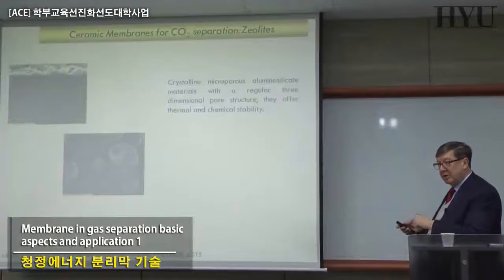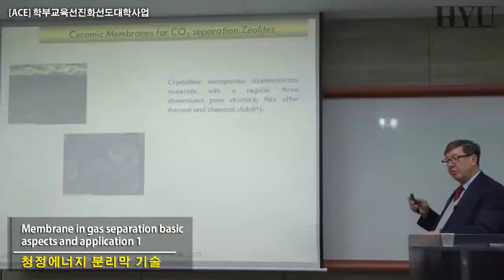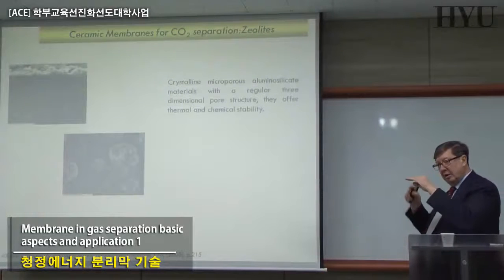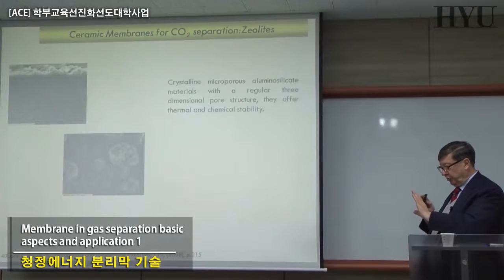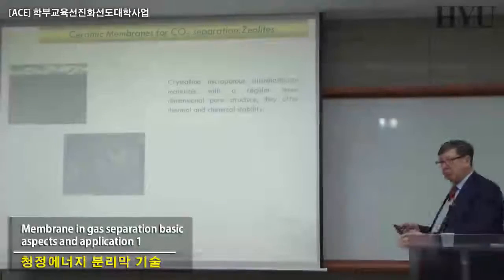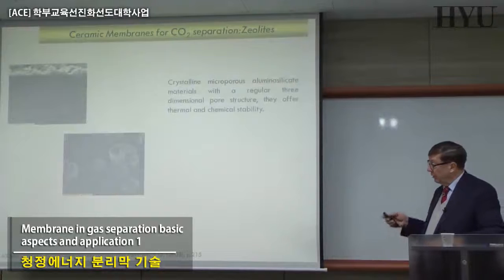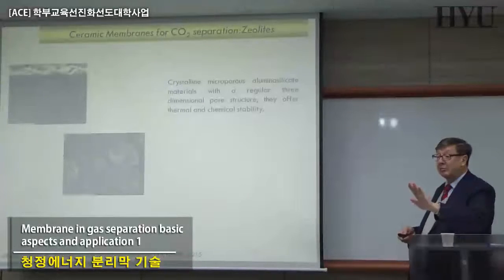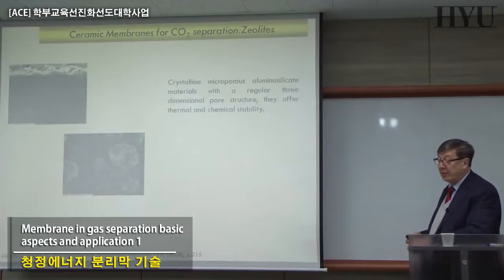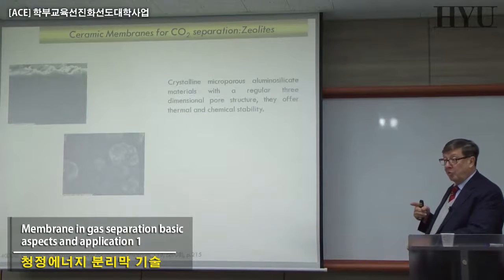Now, with this kind of crystals, they have 3 Angstrom, 4 Angstrom, 7 Angstrom external windows, very well distributed and regular, with very few defects. So if you can produce this kind of material in a homogeneous film, this is an ideal membrane. Not easy to form a homogeneous film.